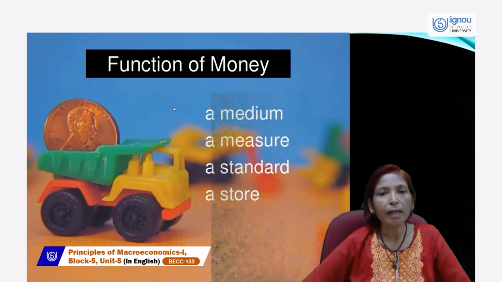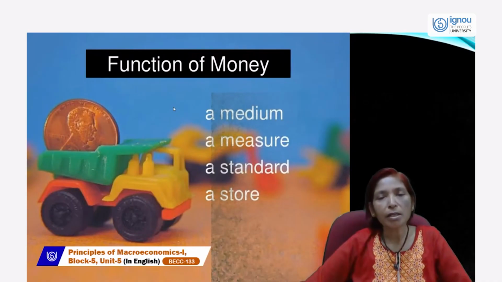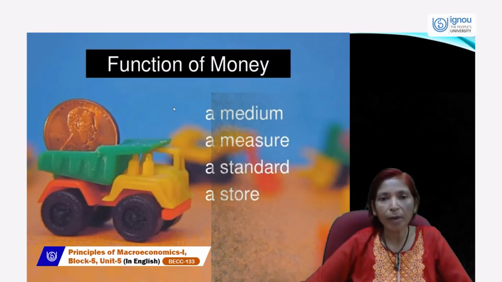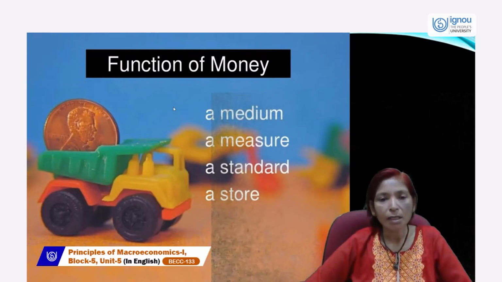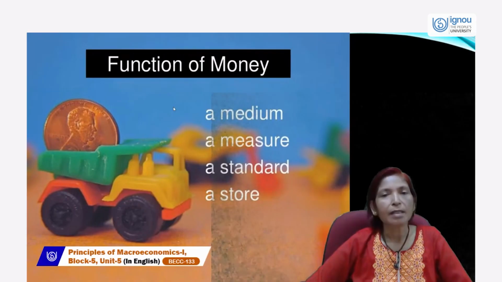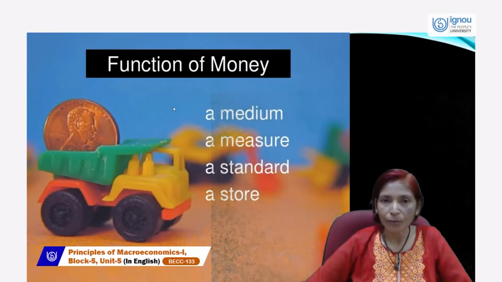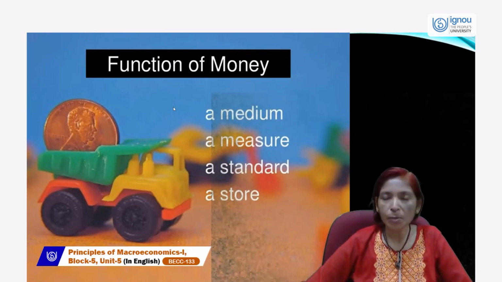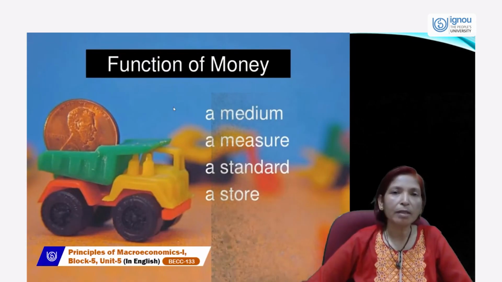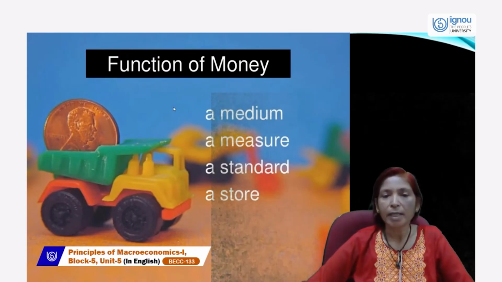According to Professor Kinley, money plays four main functions. It's a medium of exchange, it's a measure of value, it's a standard of deferred payments, and it has a store of value. Money can be easily storable. Money can be used for postponed payments, those payments which we have to give in future, not in present.